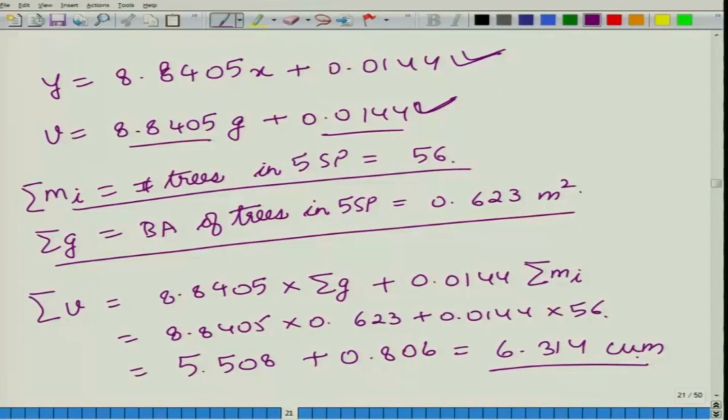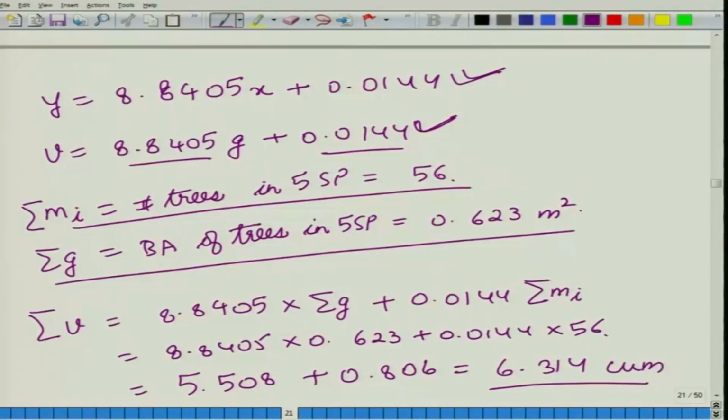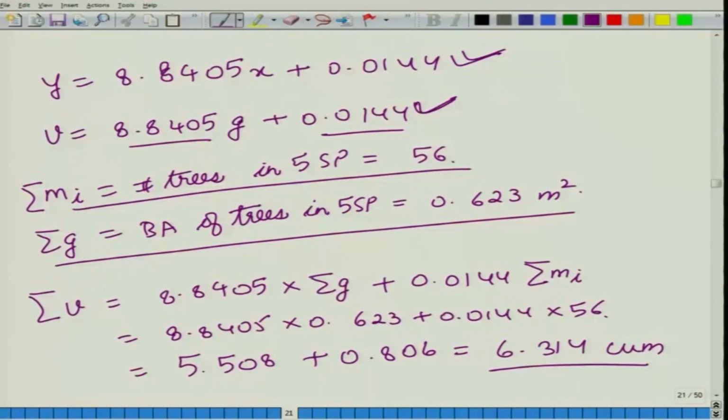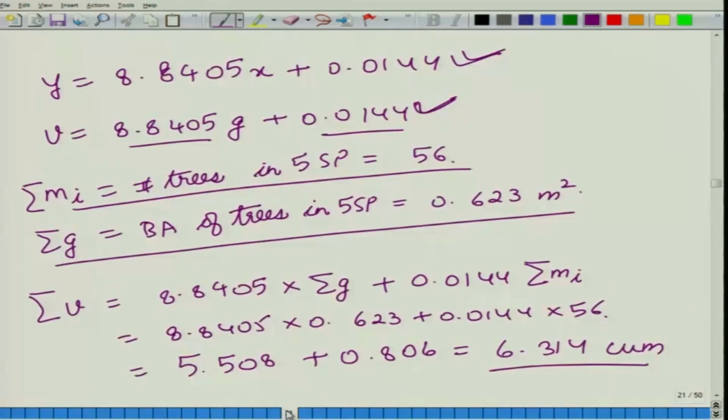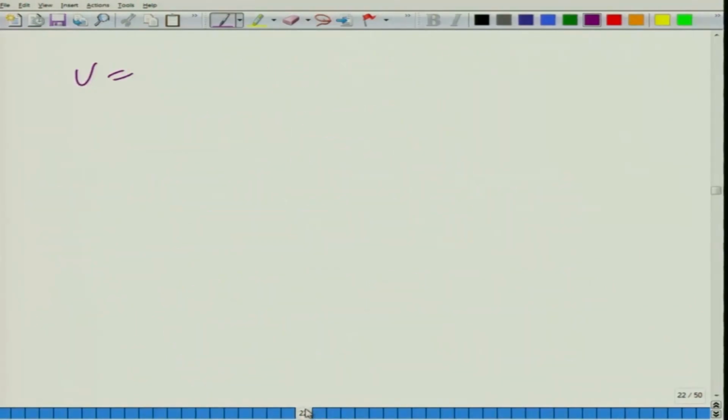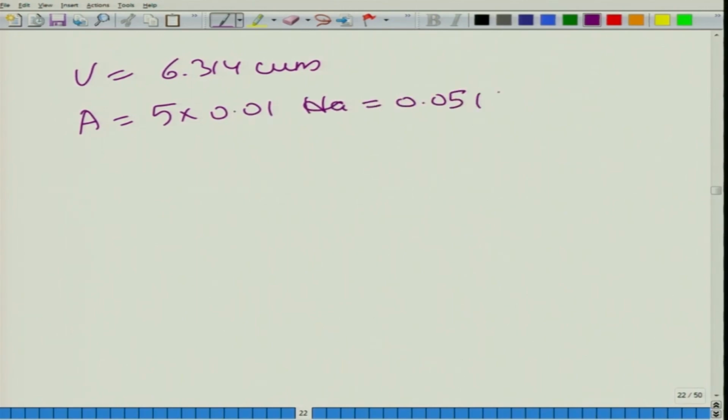So, we have this total volume of 6.314 cubic meter in 5 sample plots, and we are given that the area of each sample plot is 0.01 hectares. So, the volume is 6.314 cubic meter in an area of 5 into 0.01 hectares, which is 0.05 hectares.